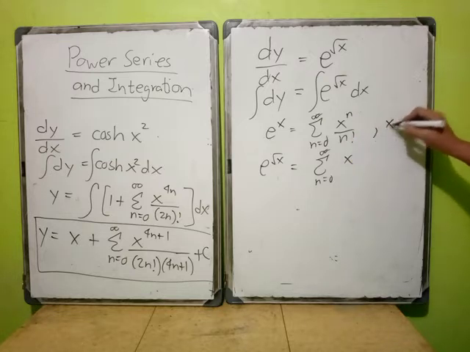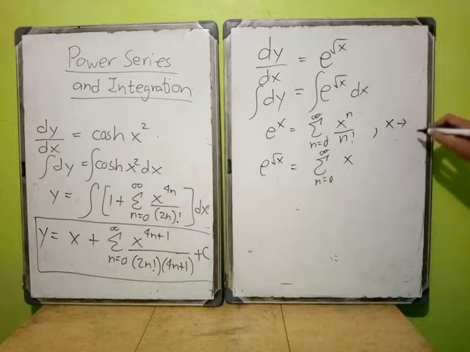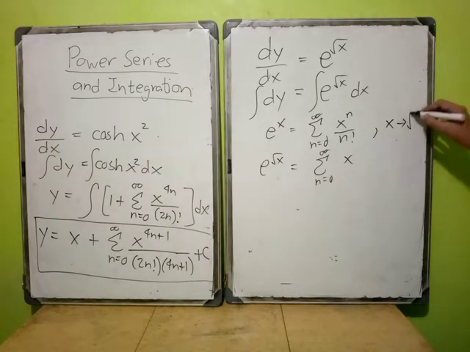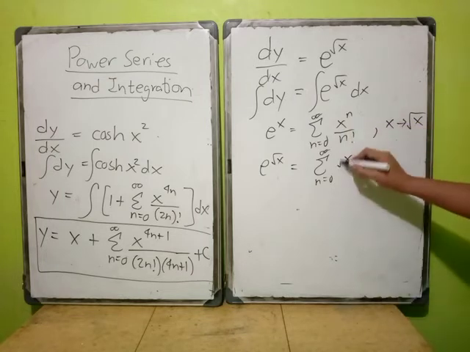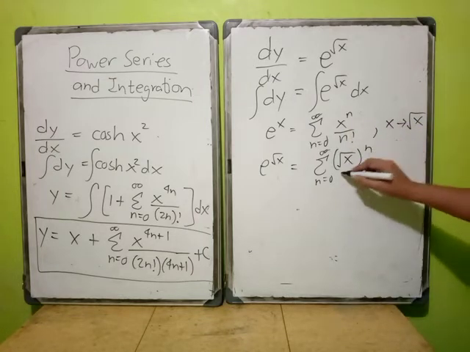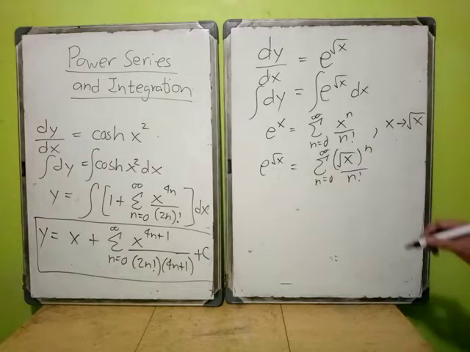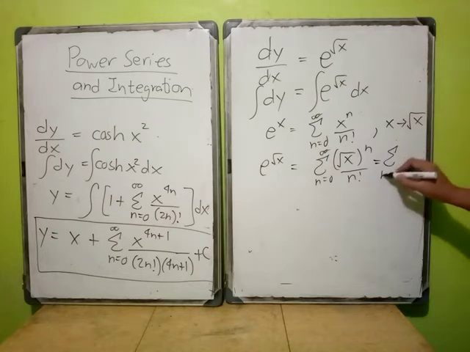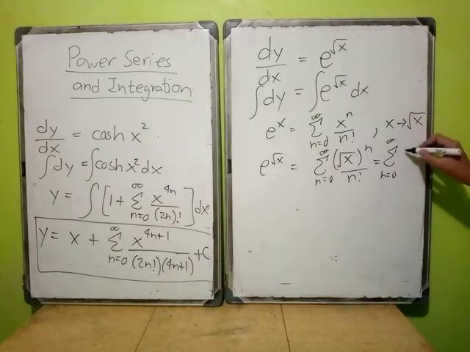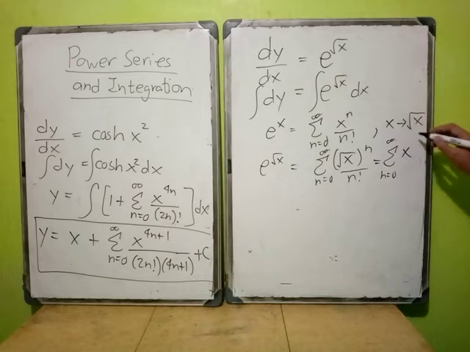This is actually equivalent to the infinite sum from n equals 0 to infinity of x to the power of 1 half n over n factorial.